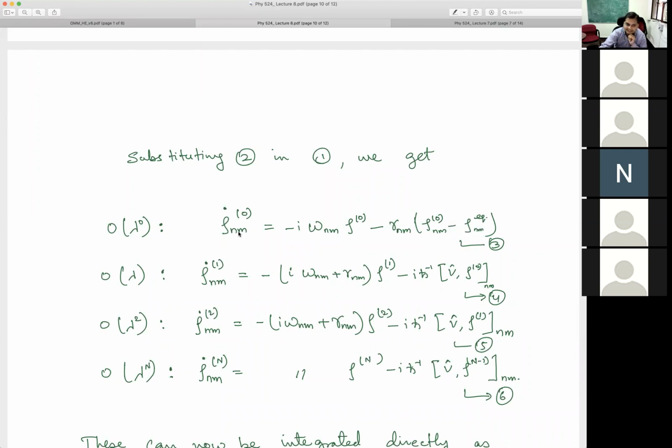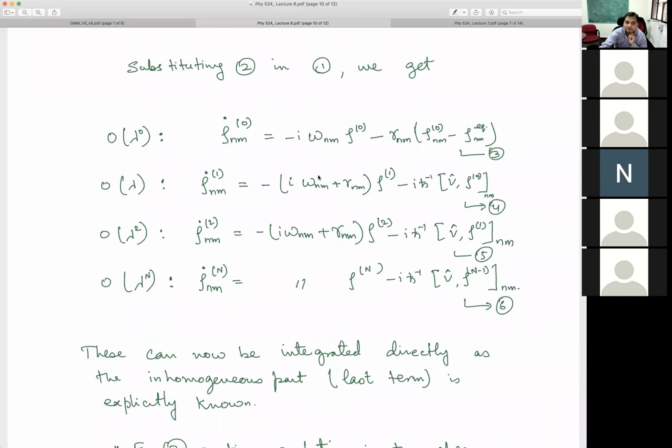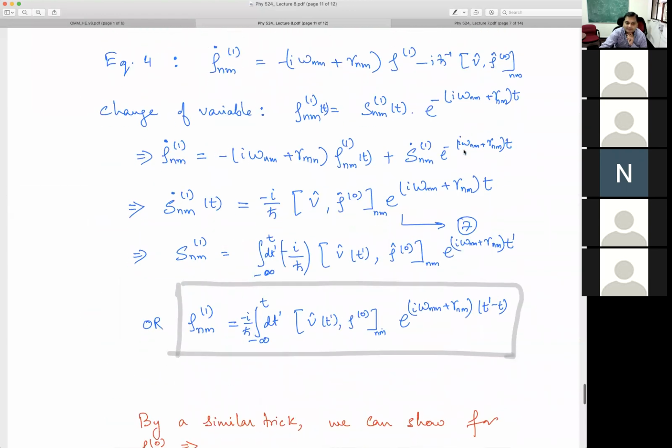So I do a d by dt of rho nm equilibrium on the right hand side, and that term is 0, so it does not contribute anything. The second term I'll also write as rho 0 minus rho nm equilibrium, and because of that I'll get an extra term, plus i omega nm rho equilibrium. And if I do this, then this whole term just becomes this.